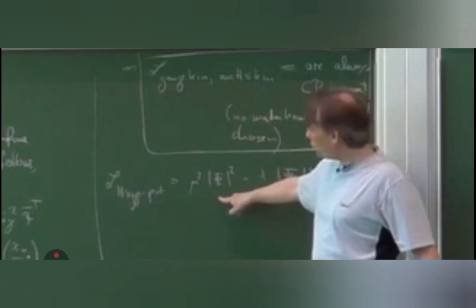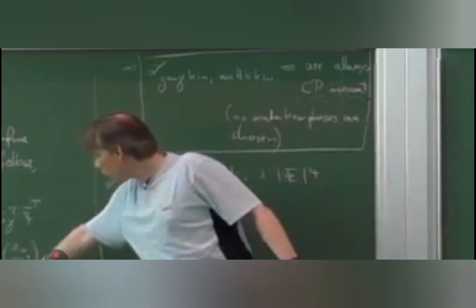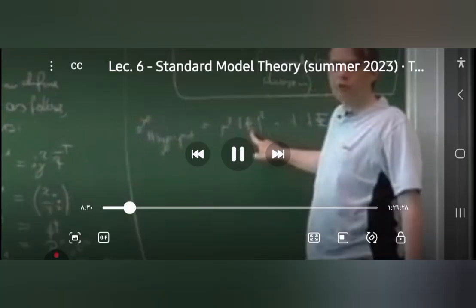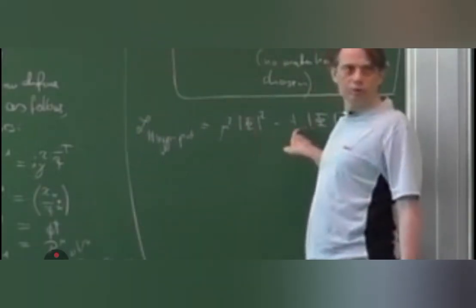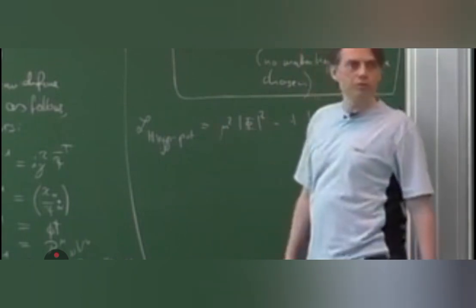So that is correct up to some phase, but no matter what phase you choose, if you replace phi by phi dagger times any phase, this is automatically invariant. And also that is automatically invariant. Therefore, this Lagrangian also conserves CP.